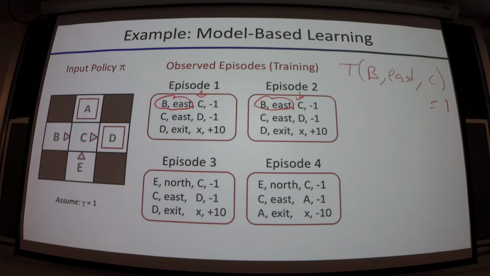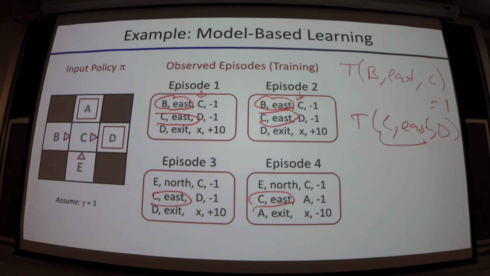We can do more, right? We can say, what's the transition probability of starting in C, choosing east, and landing in D? Right? So let's see. When did we have C and chose east? We had it here, we had it here, we had it here, we had it here. Right? Well, this is a little more interesting. We just count them up, right? We saw this happen 4 times.